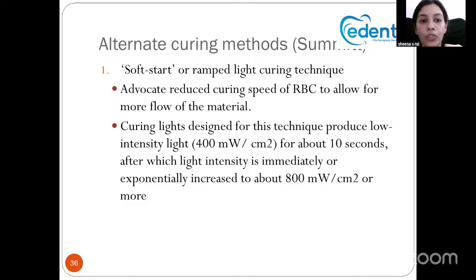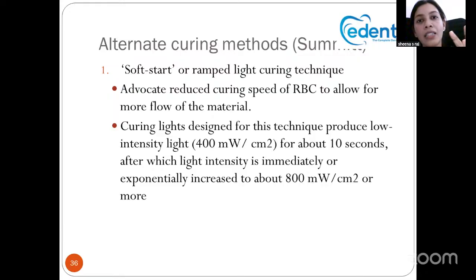A curing light designed for this technique produces low intensity light of 400 milliwatt per centimeter square. Very important question again asked: what is the intensity of light used for a soft start curing technique? It is 400 milliwatt per centimeter square, given for 10 seconds, followed by 800 milliwatt per centimeter square for the remaining session. So please keep that in mind.